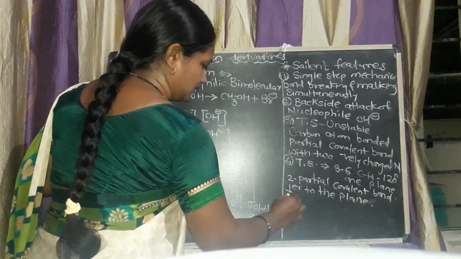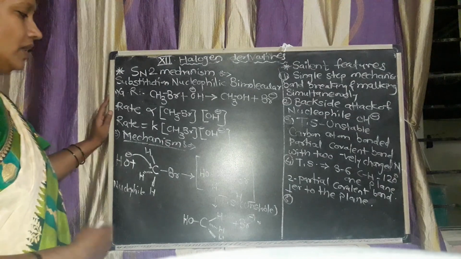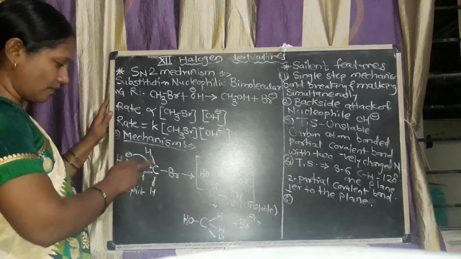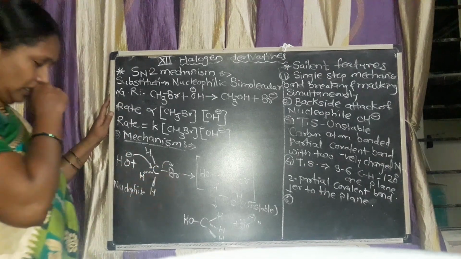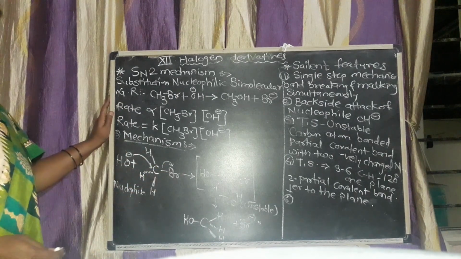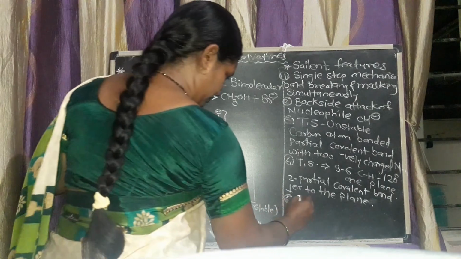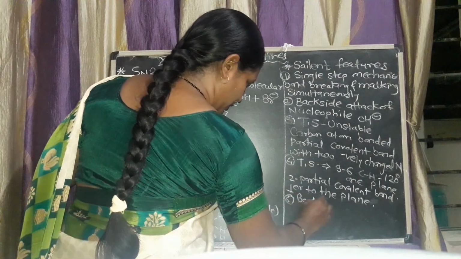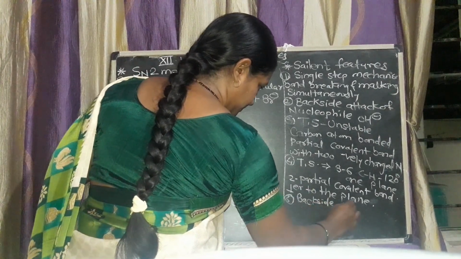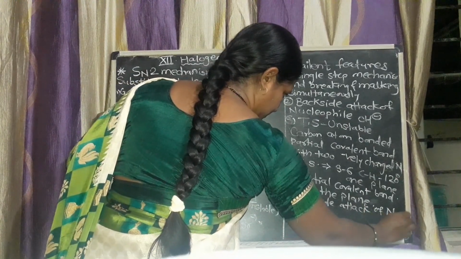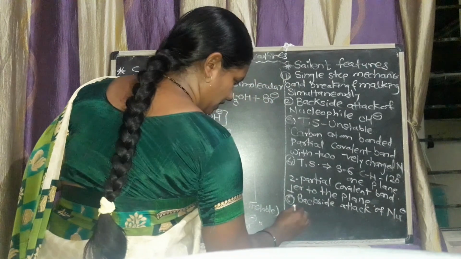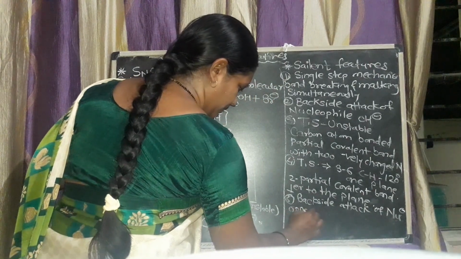Now the last feature is the backside attack of the nucleophile. Here the nucleophile attacks from the backside. Now it is the opposite configuration.